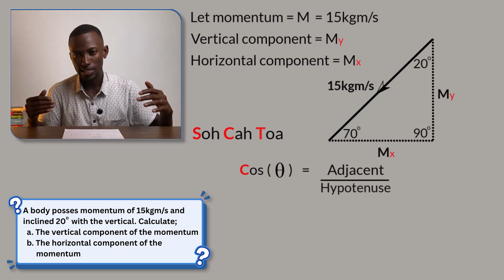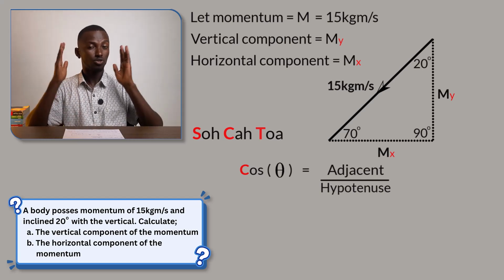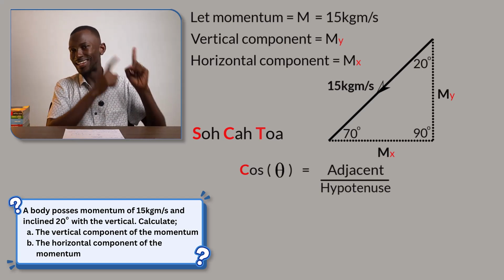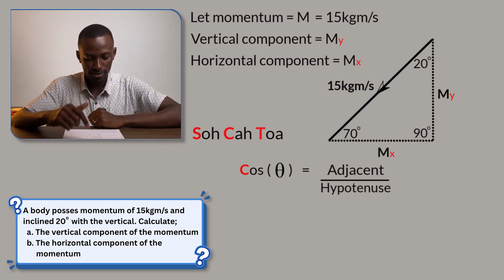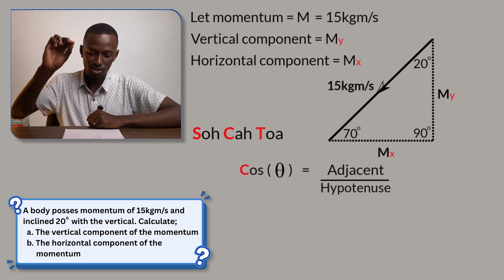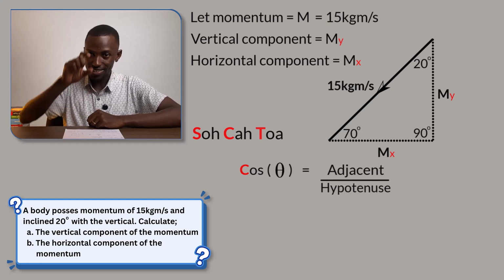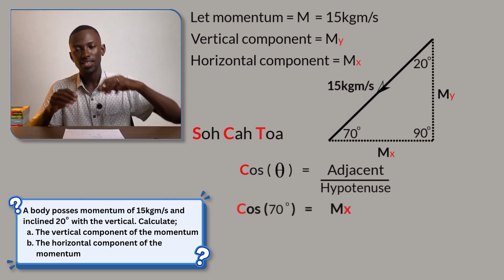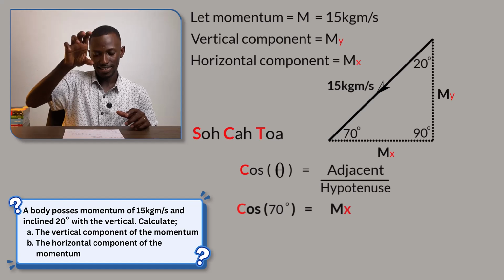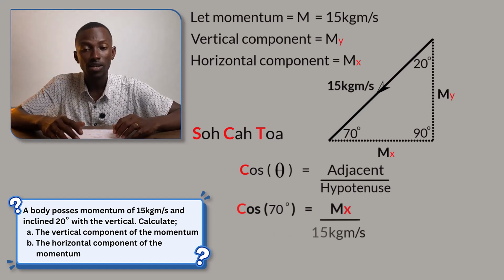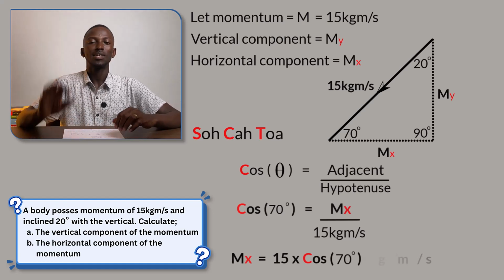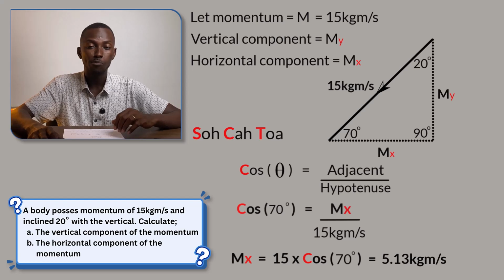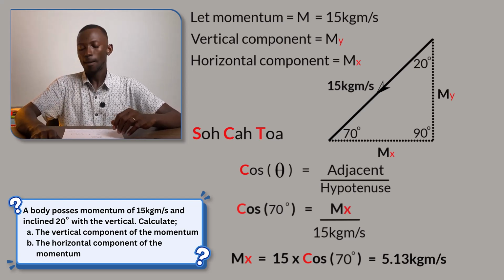I have a lesson on trigonometric ratios; watch that lesson first. I'll leave the link in the description, and all of this will make sense. The theta is 70 degrees, so cos 70 equals mx, the adjacent, divided by the hypotenuse. Making mx the subject, mx equals 15 cos 70, and that gives us 5.13 kilogram meter per second.